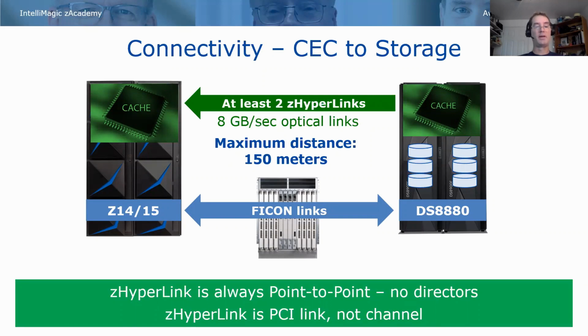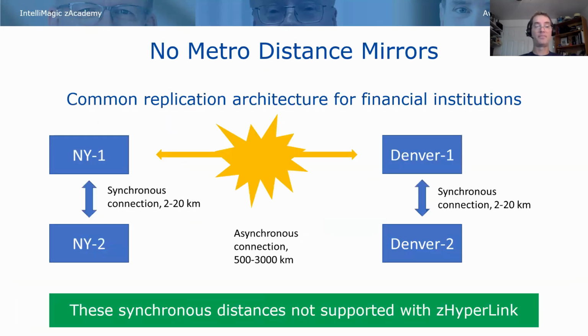So what does that mean? Now, thinking about that distance, 150 meters apart, maximum. Well, I mentioned synchronous remote copy previously. Many shops may have implemented a synchronous remote copy environment, which means I have a secondary disk subsystem that might be more than 150 meters away.